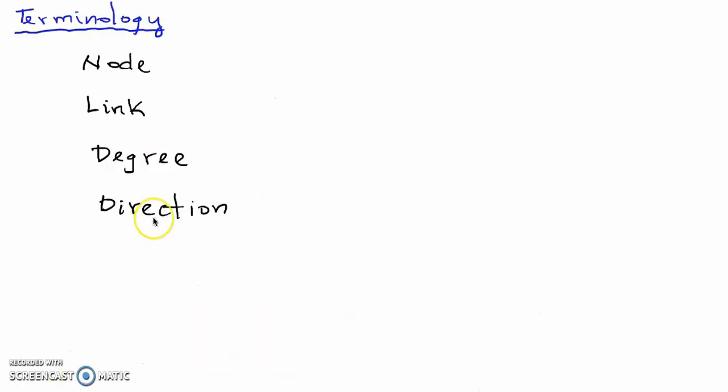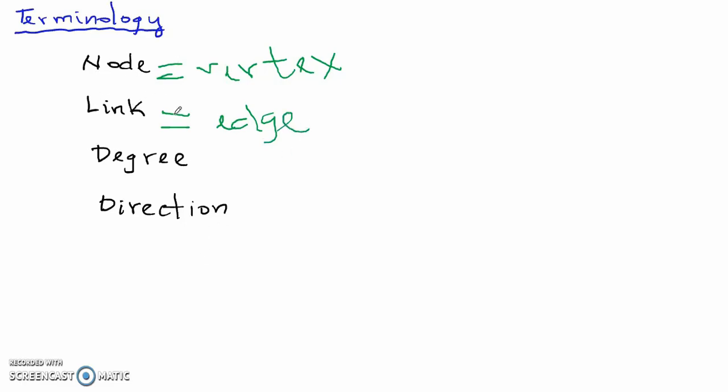So in this context, there is some common vocabulary. We're going to say that a node represents one of those circles that we were illustrating before with either an integer or a character. So a node, another name for node is also vertex. A link may also be known as an edge.